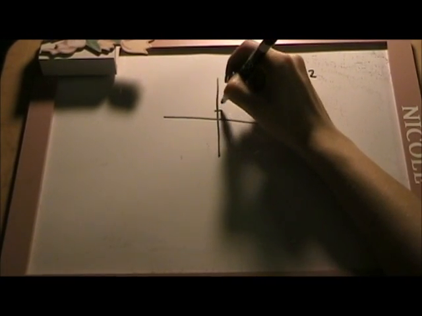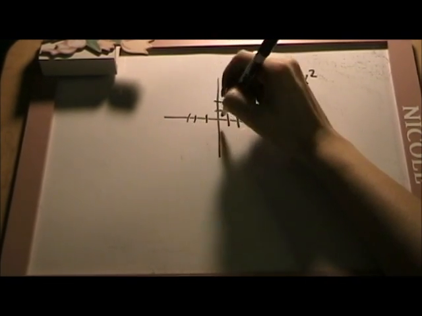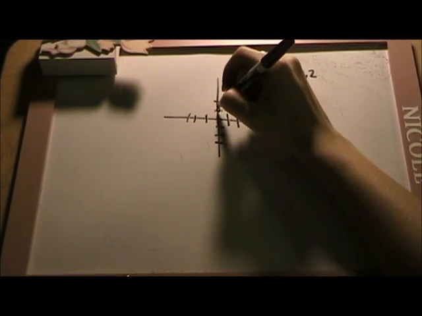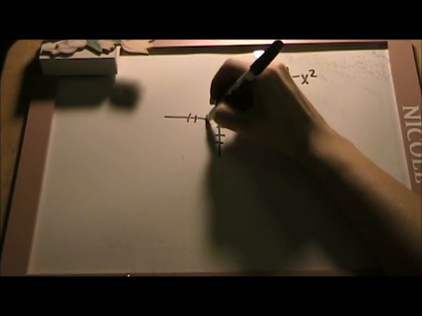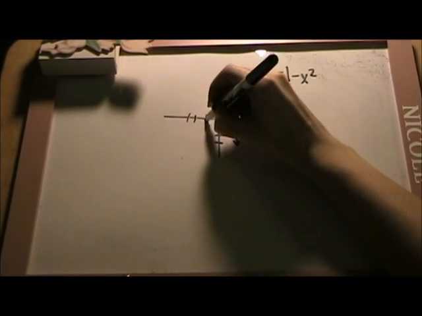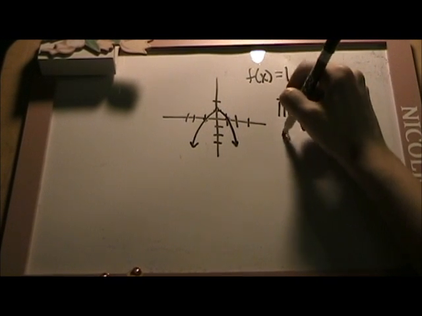So 1, 2, 3. So we're at 0, 1, 1, 0, 1. So it looks like this. And I want to know where are we increasing and decreasing.